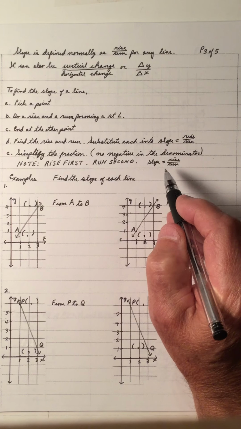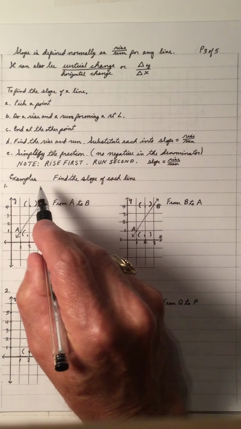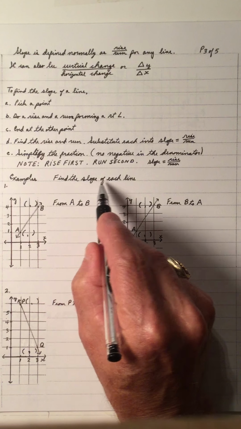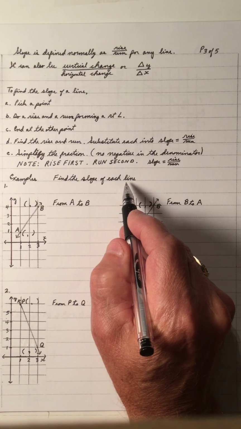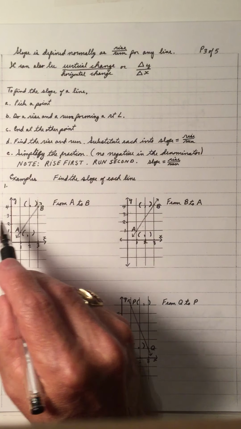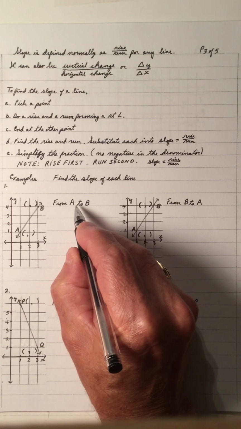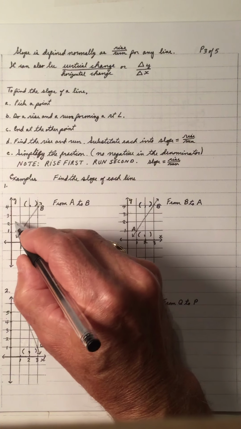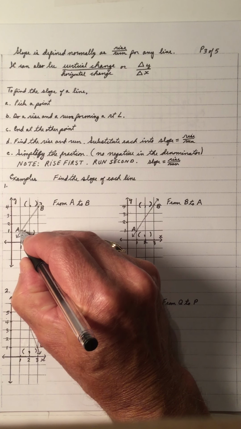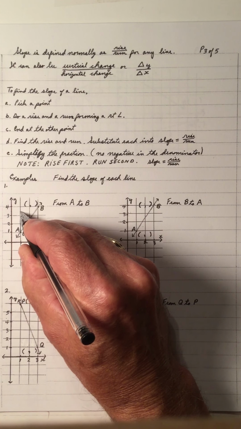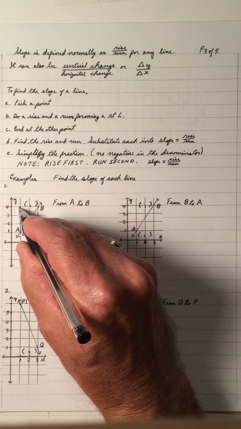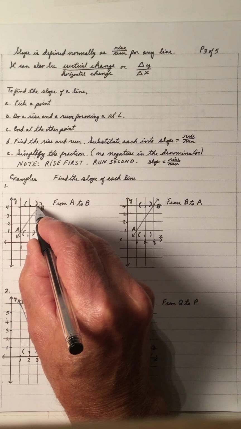Let's do some examples. Find the slope of each line. Notice I have a graph and I want to find the slope from A to B. If I want to go from A to B, I can rise and then I can run.